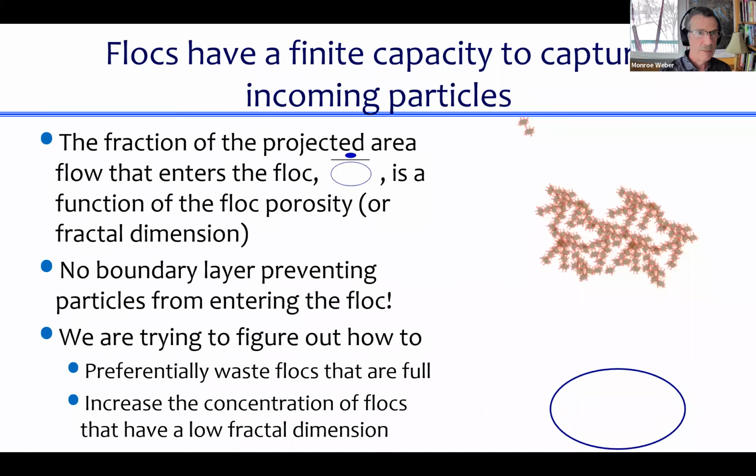Anybody want to ask a question about that? I have a question. Yeah. So is the floc no longer spinning like it was in the flocculator? Great question. What do you think, guys? What made this floc spin in the flocculator?